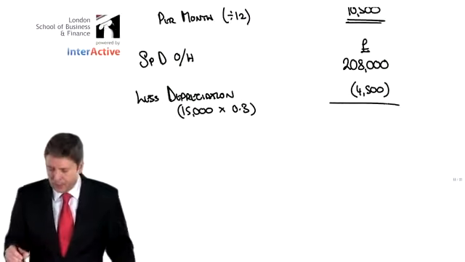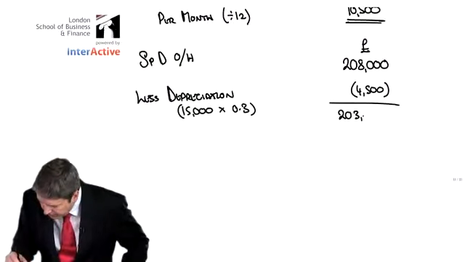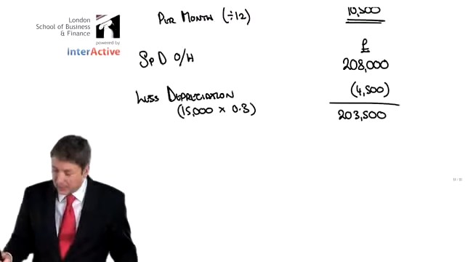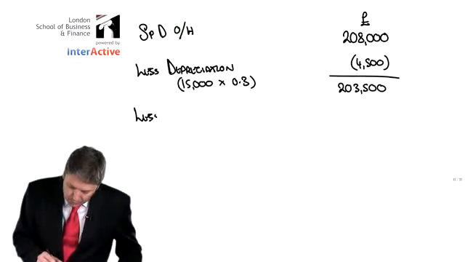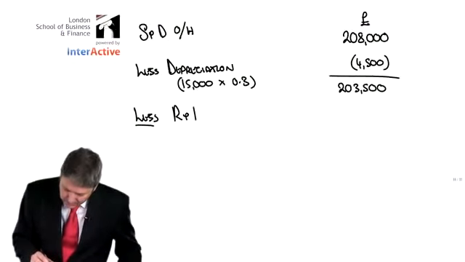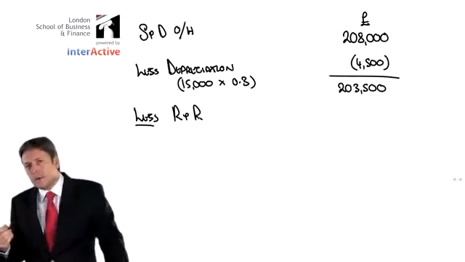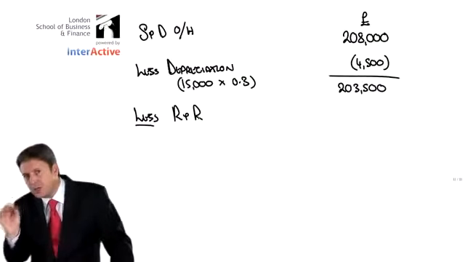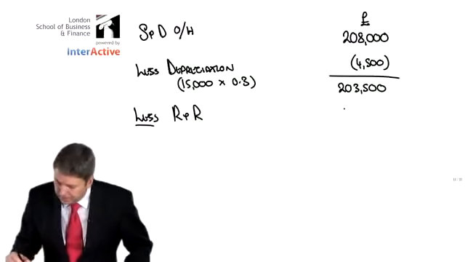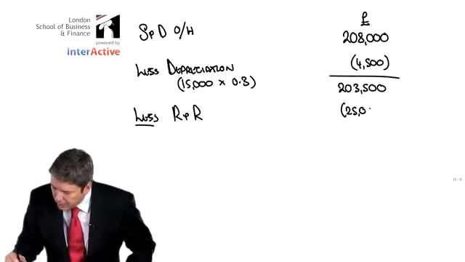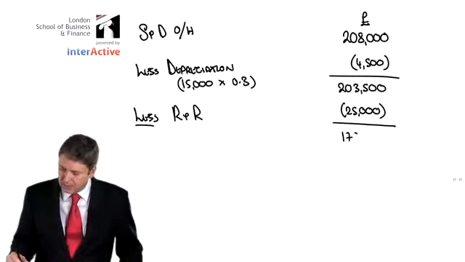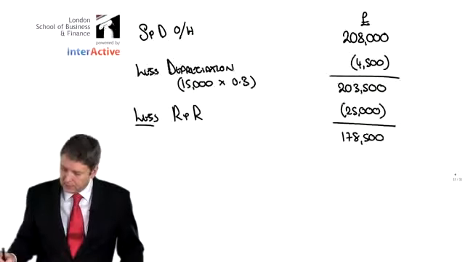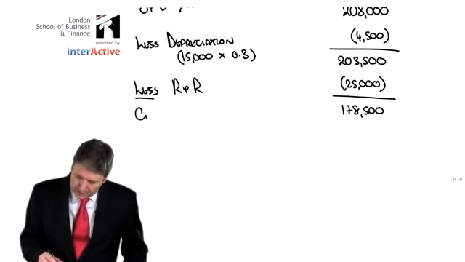And that means that we have 203,500. That's our cash flow. From that, we want to offset rent and rates. Because remember, rent and rates are specific to the first month. So we take those out because we're going to slot them separately in the first month, and we end up with 178,500. That is the cash flow per annum that we're after.